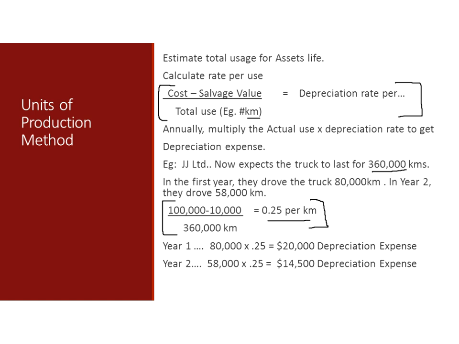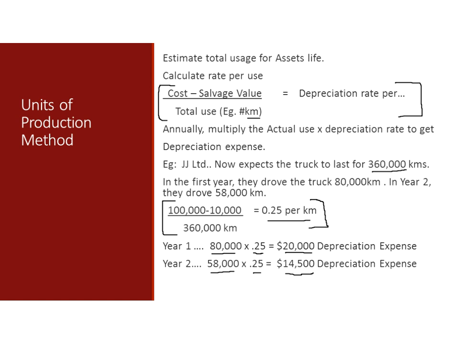So now every year, to recognize a depreciation expense, we'll simply multiply the actual use times the depreciation rate. So year 1, we drove 80,000 kilometers times our rate of 25 cents, gives us a depreciation expense of $20,000. In year 2, we drove 58,000 kilometers times our rate of 25 cents, gives us $14,500 in depreciation expense.